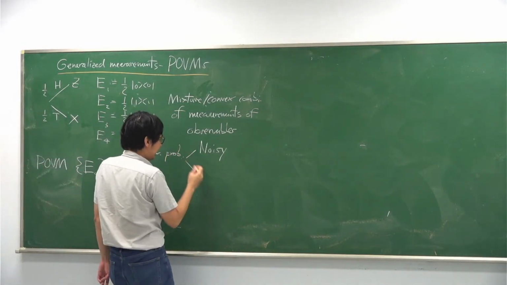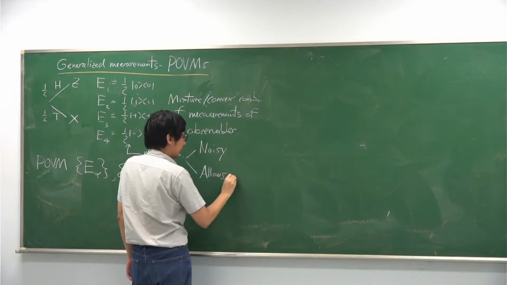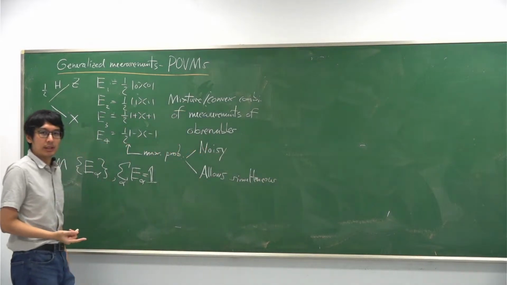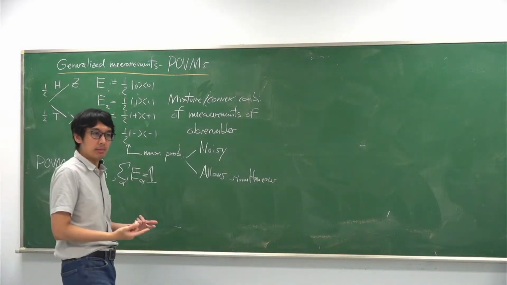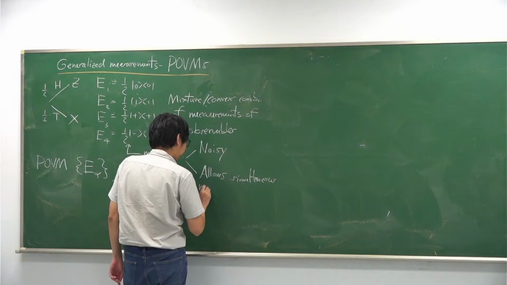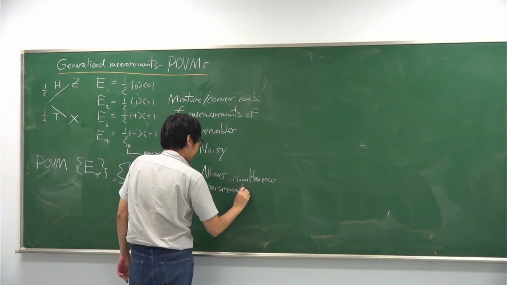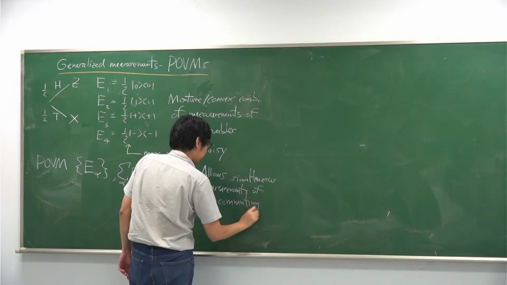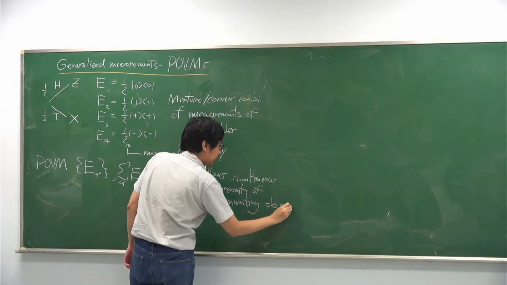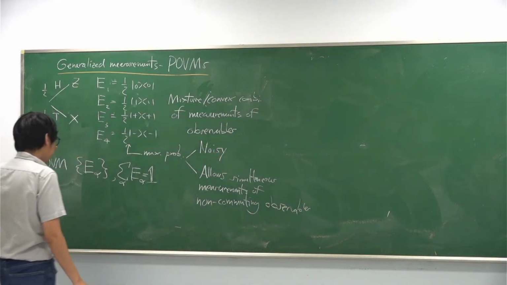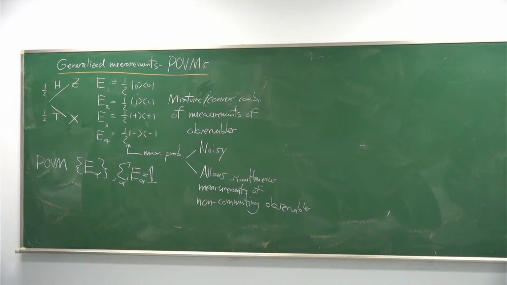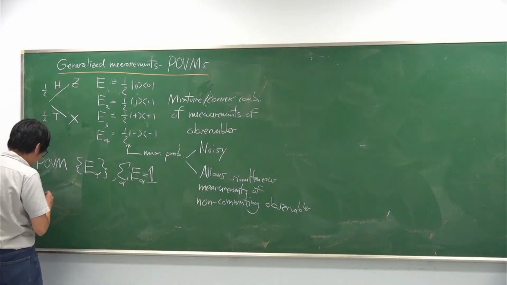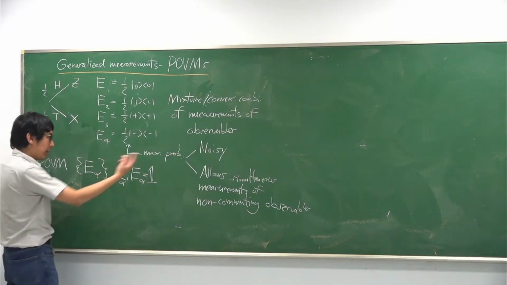But in this example, it also allows us to measure two observables that do not commute, which normally we wouldn't be able to measure together. It also allows noisy measurement.